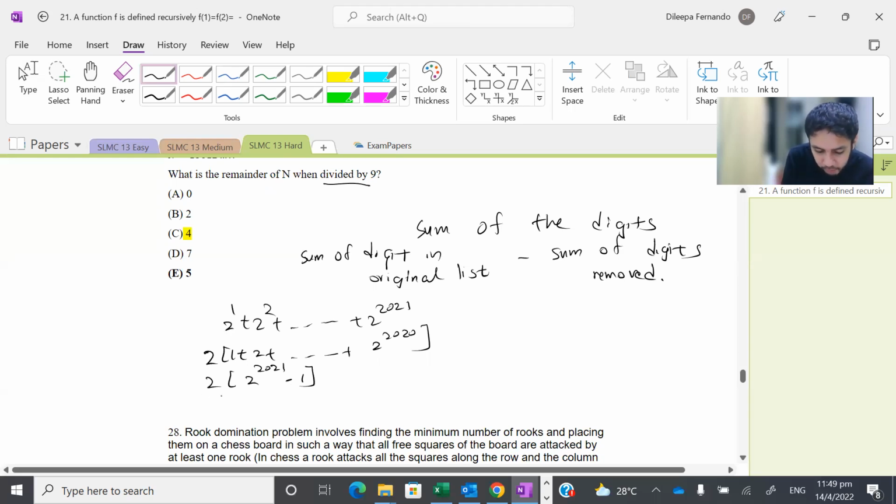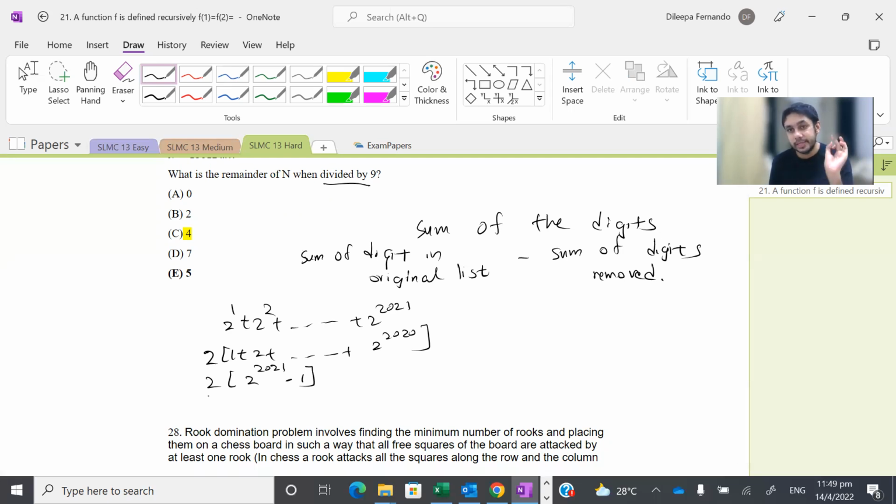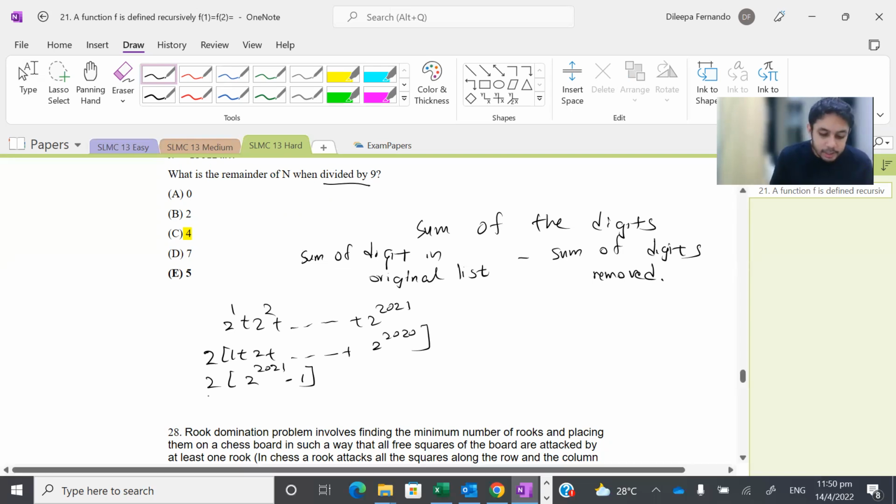And we can use mod 9 for this. When you have a product, you can separately compute the modulo of each term and then multiply them. So when you use mod 9, 2 to the power 2021 is a large number.